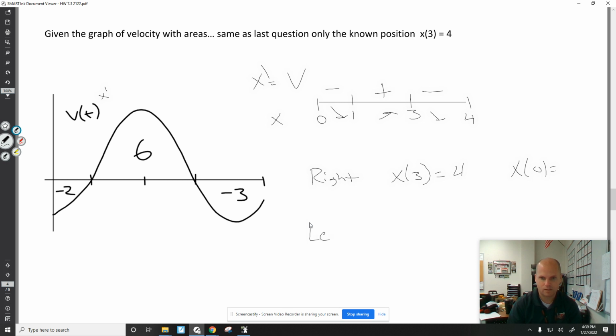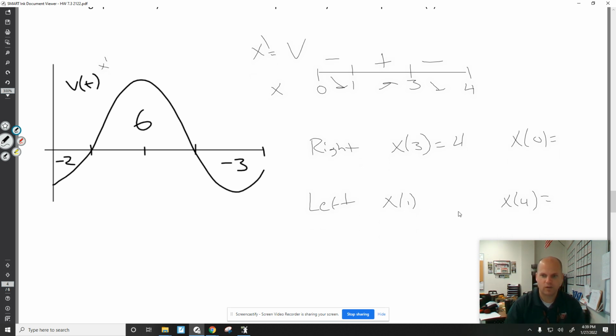That's my candidate. My other candidates for furthest left are at 1 and at 4, because I go to the left, I go to the right, and then I end up going to the left. It should make sense. Depending on how far we go left and right, we'll figure that out.